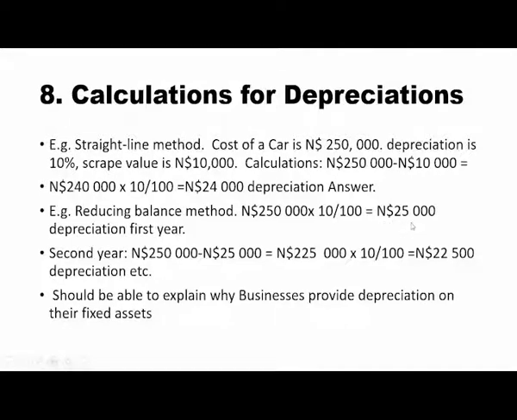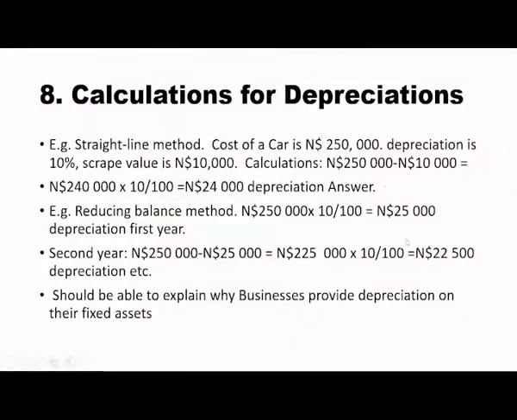You get 25,000 as your depreciation for the first year. Now, if you want to calculate the depreciation for the second year, this 25,000 should reduce the original cost of your asset. That's why it's called the reducing balance method. It keeps on reducing the balance of your asset every year.